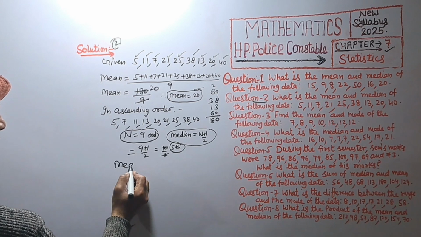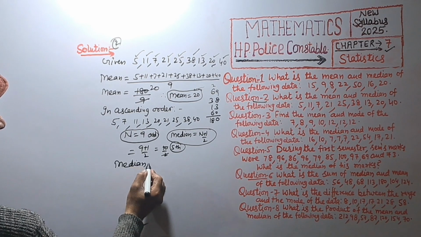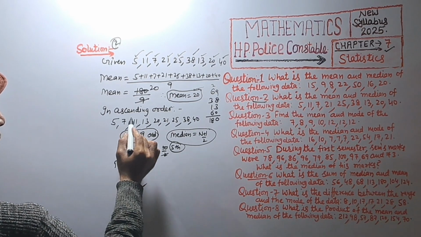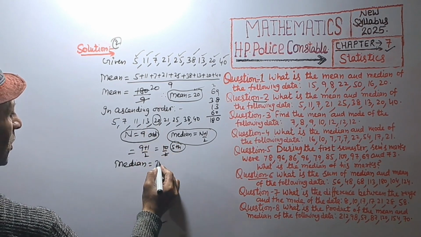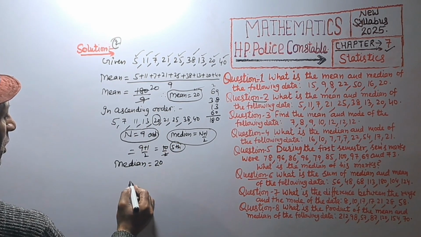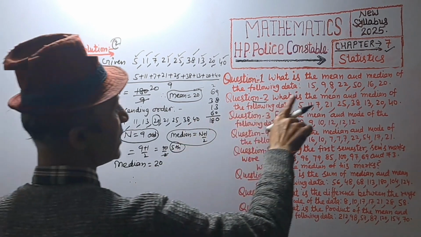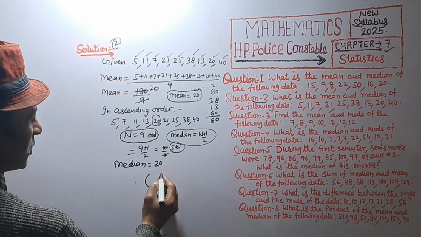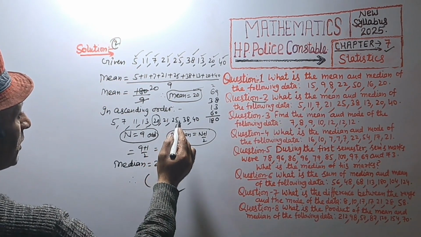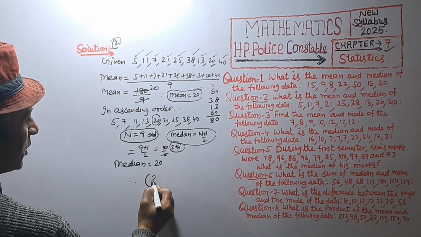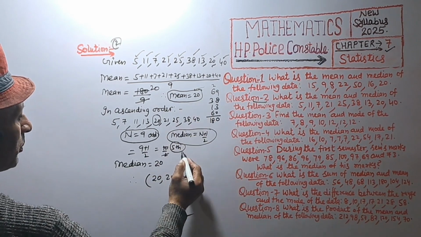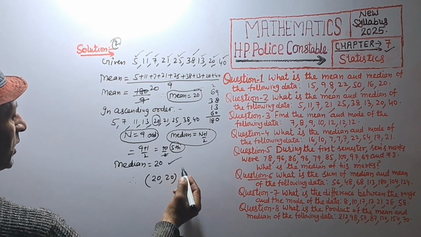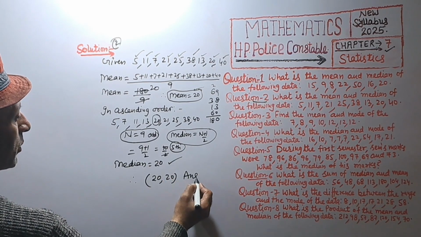So median is equal to 1, 2, 3, 4, 5: 20. What is the mean and median? Mean is 20, median is equal to 20. So 20, 20.